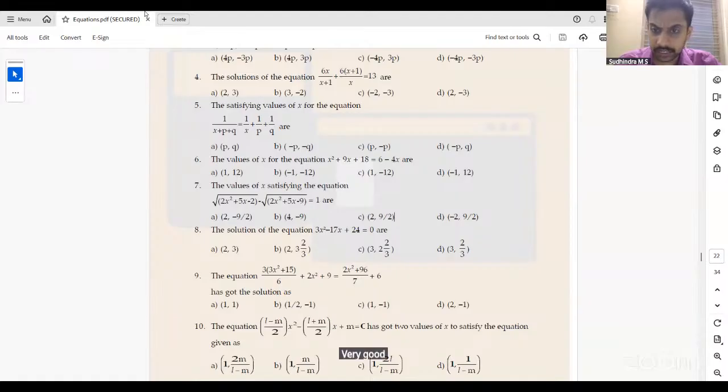Very good. G1 correct. Vikram correct. Naveen Gowda correct.